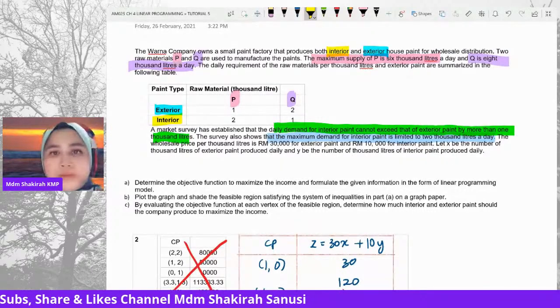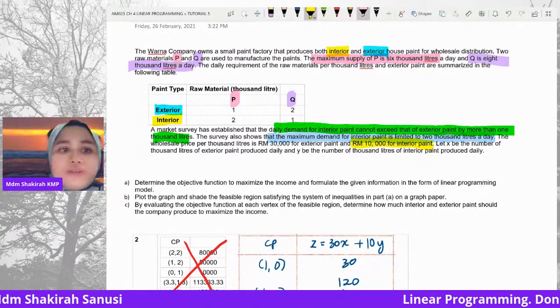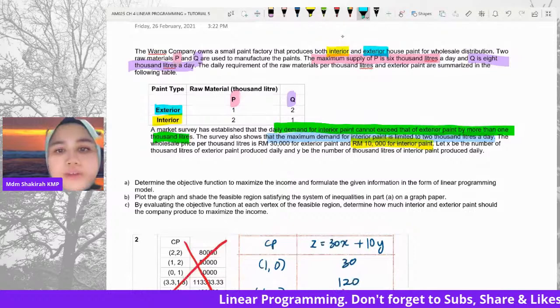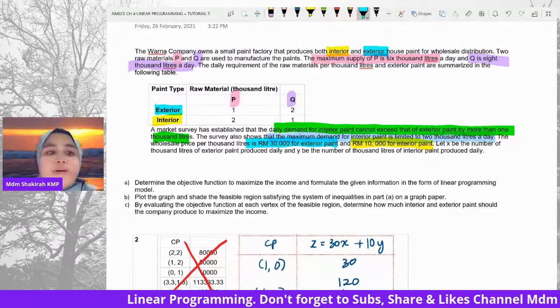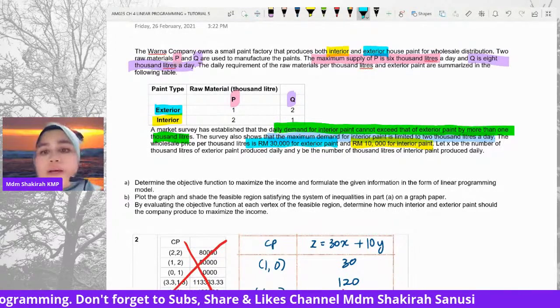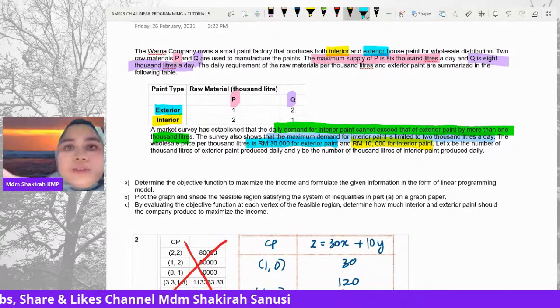Okay, ni adalah you punya interior. Exterior kita tak ada colour apa? Colour biru kan? Okay. Let X be the number of 1,000 liters, and Y adalah the number of interior.